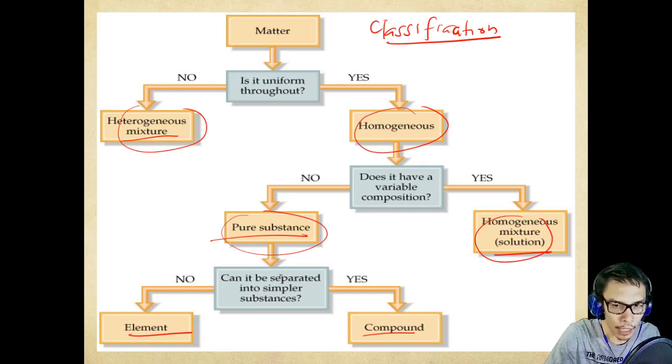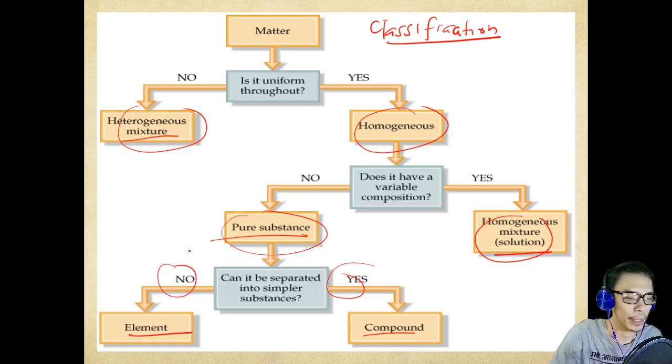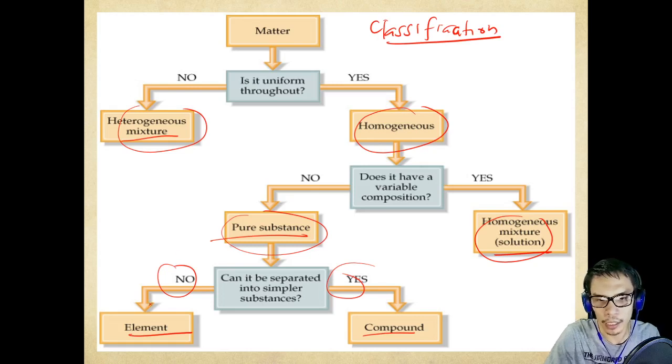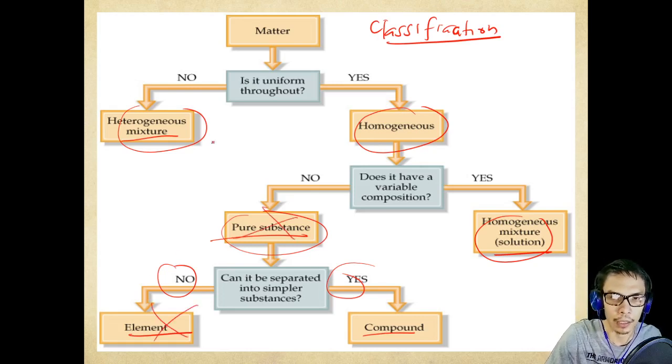A pure substance which can be separated is called a compound, and the pure substance which you cannot separate by any means is called an element. But we will not discuss these entities here. We will just focus on one classification of matter, which is called the solution.